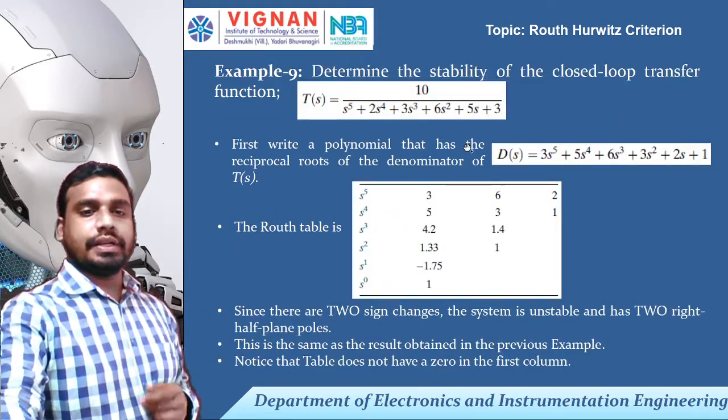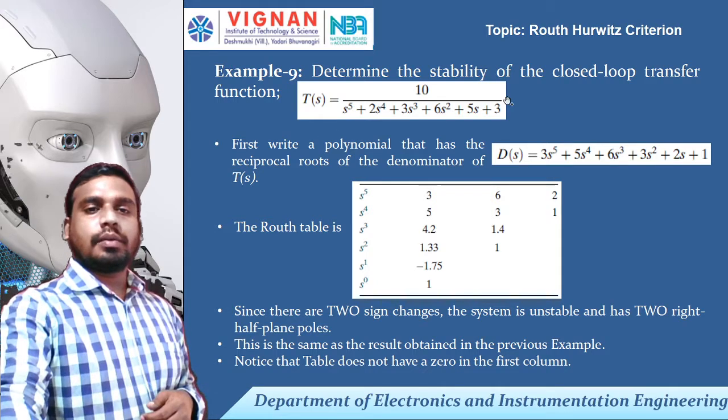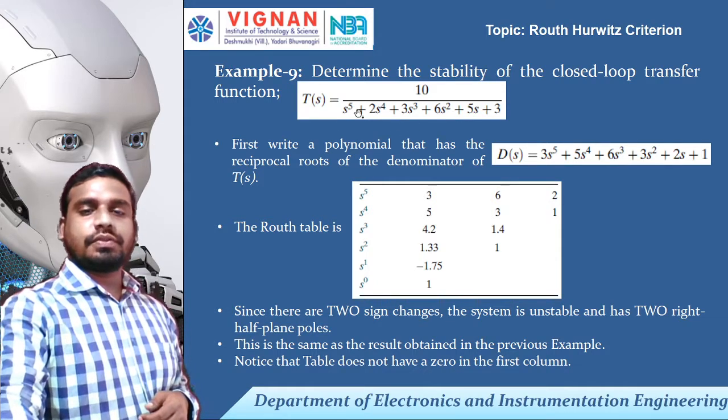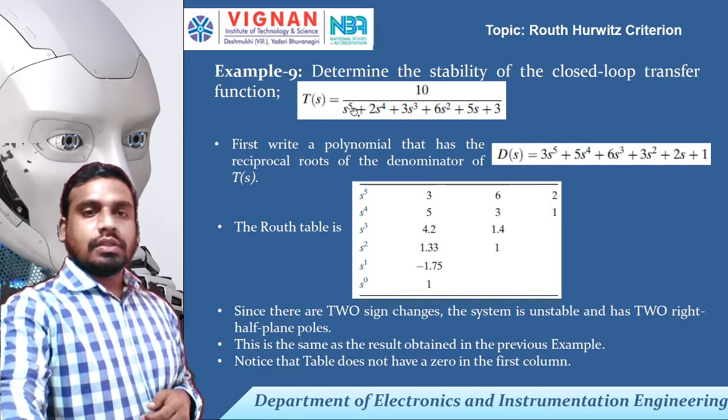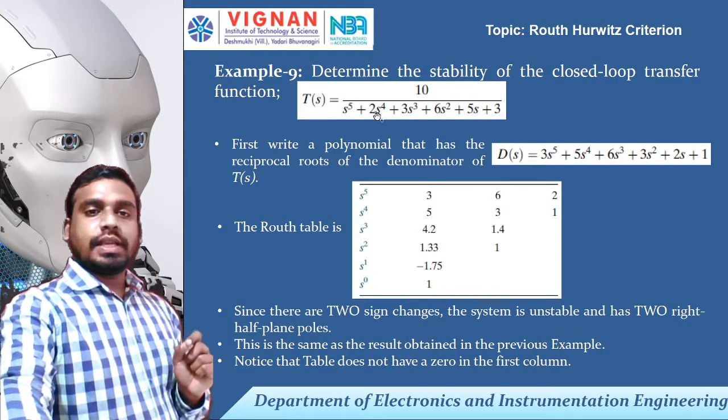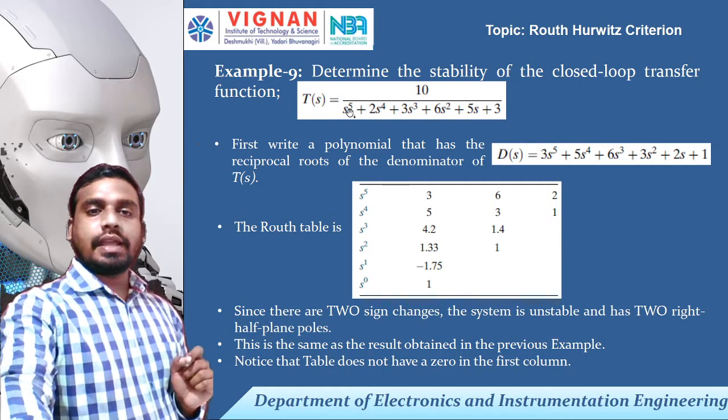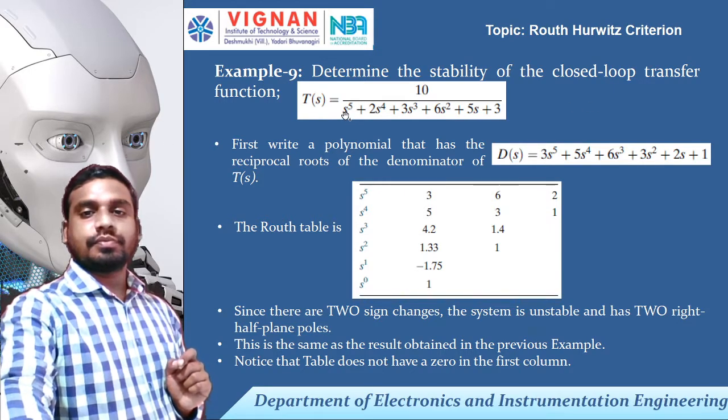Here, determine the closed loop transfer function. The transfer function they have given is s power 5 plus 2s, and what I have done is take s equal to 1 by x.